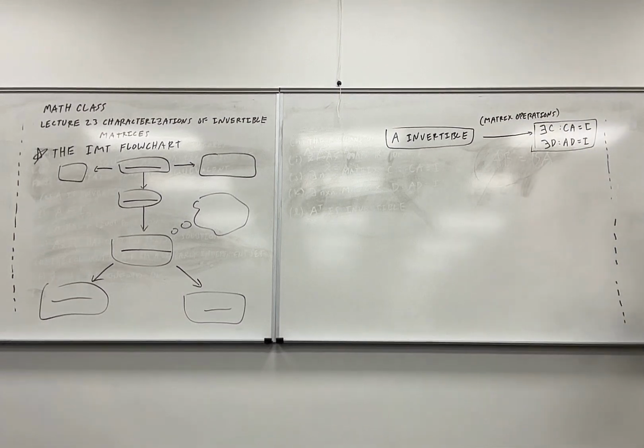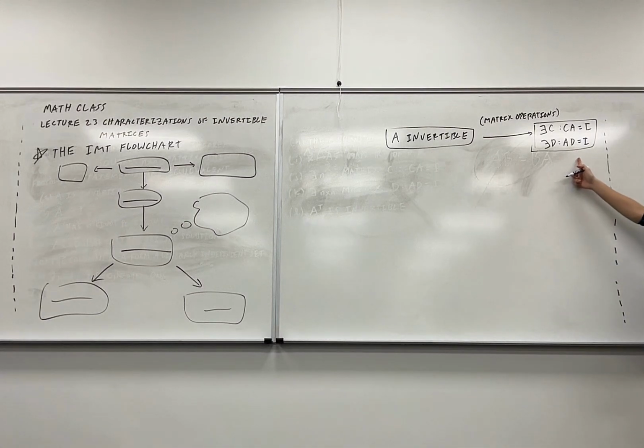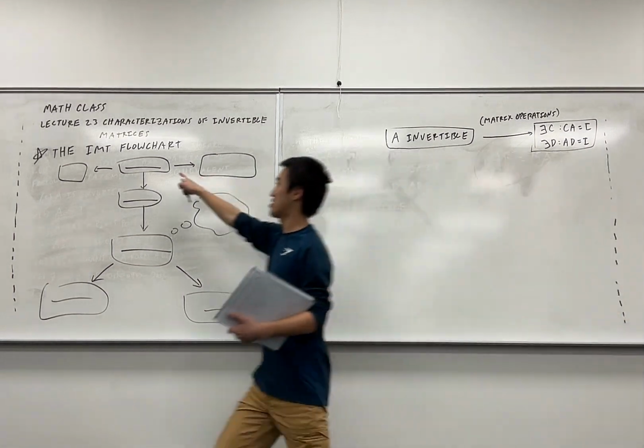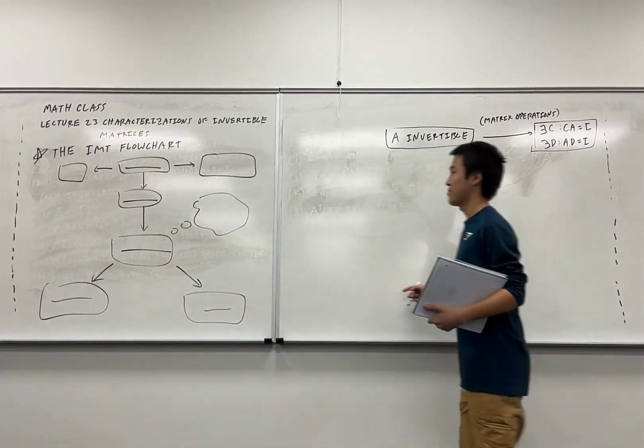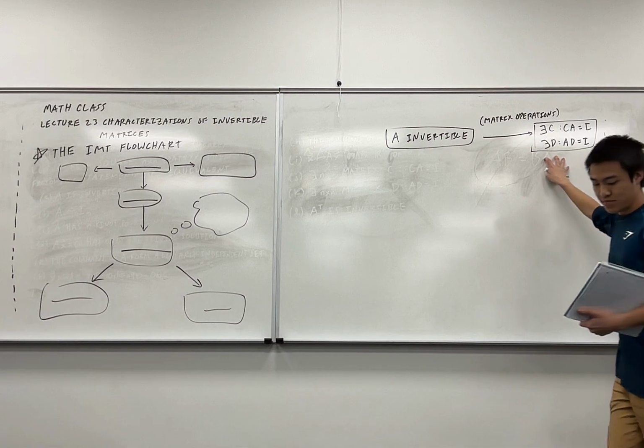So that's the first direction you can think of this. You can interpret our invertibleness in this sense. Is A invertible the box at the top? Yes. That's the head, because all things are flowing from that. Okay, so this is our matrix operations.